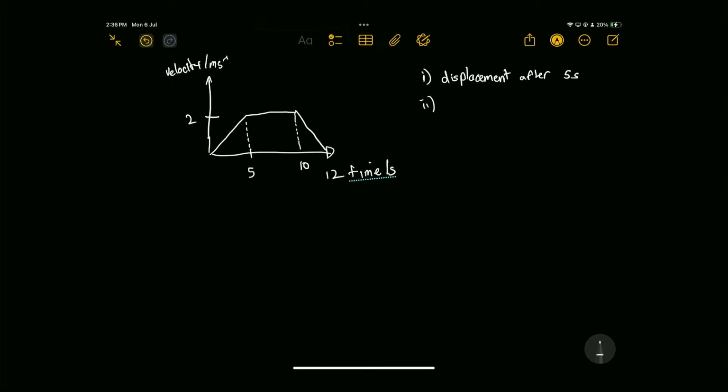Determine the acceleration at 11 seconds.